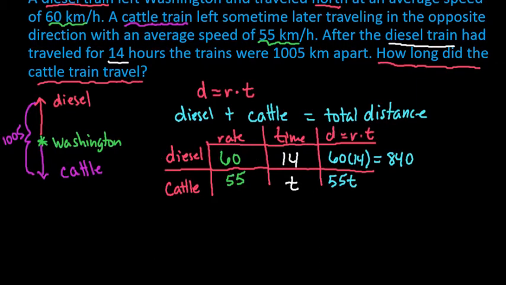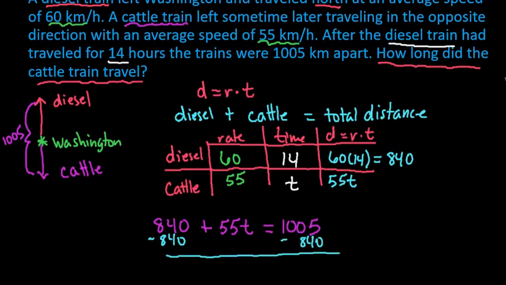The diesel train has traveled 840 kilometers, the cattle train has traveled 55 times the unknown time, and together they've traveled a total of 1,005 kilometers. Now we have a very simple equation to solve, so we subtract the 840 from both sides.